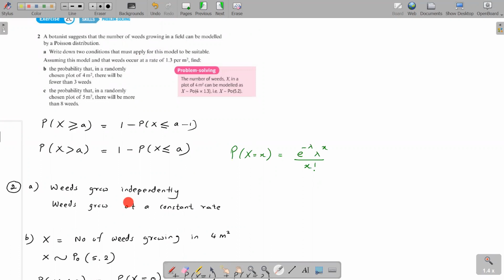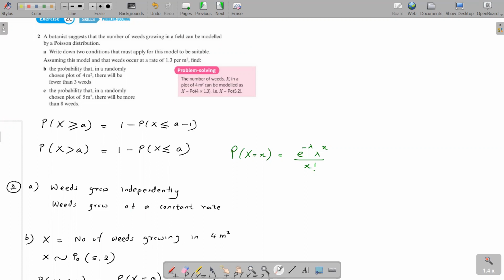Here I've written that weeds grow independently, so you can say the weeds grow independently of each other. And then the weeds grow at a constant rate, such that the mean number in any area of the field should be proportional, right?